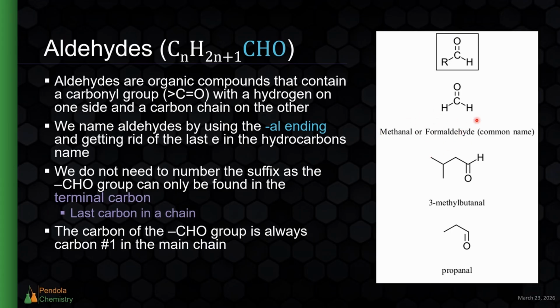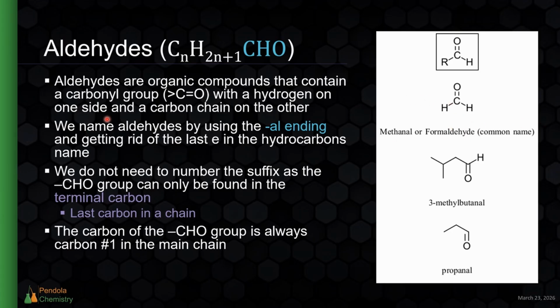And this is something that I wanted to bring up. Realize some chemicals have common names, kind of like how we called H2O water. Water is not a name that comes from the rules. It's a name that comes from just common use. So this will be methanal in its proper name, or formaldehyde is a common name. But why methanal?